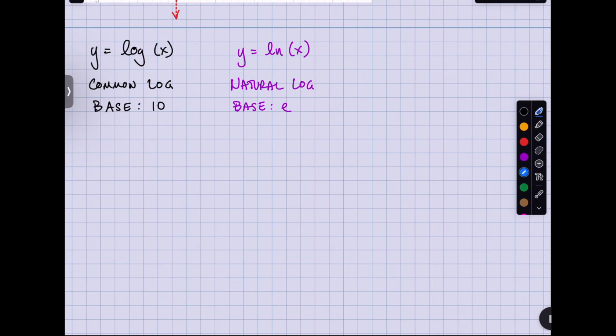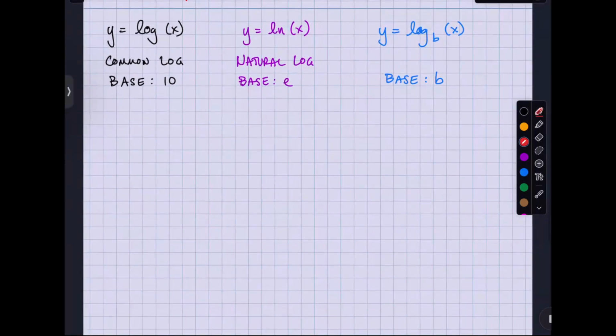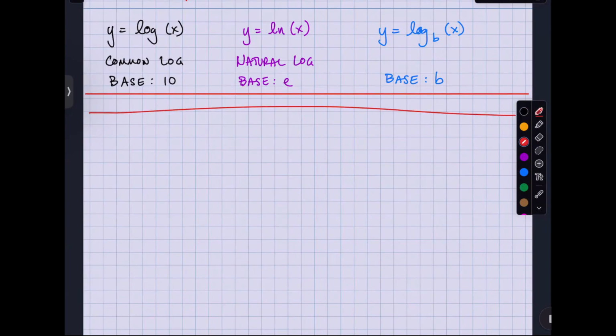But what we've been talking about is this. No special name here. We just know the base is b. Are we okay so far?